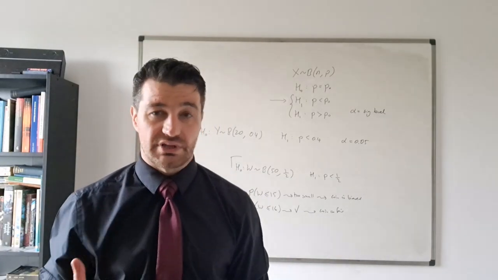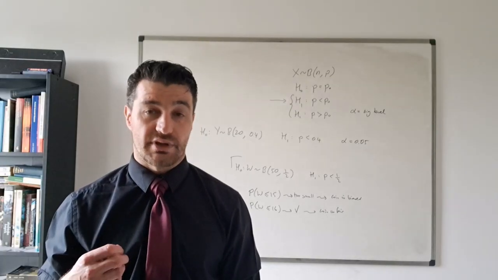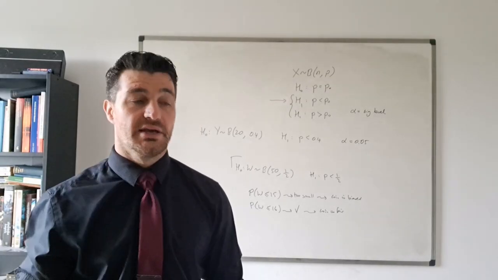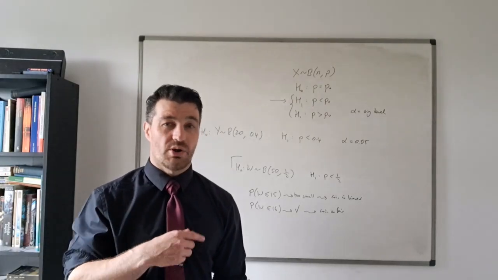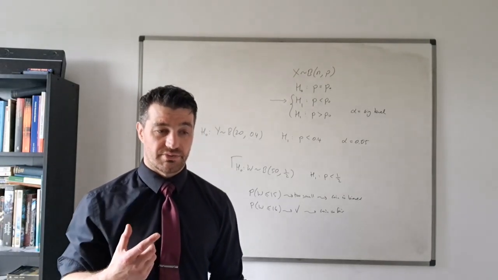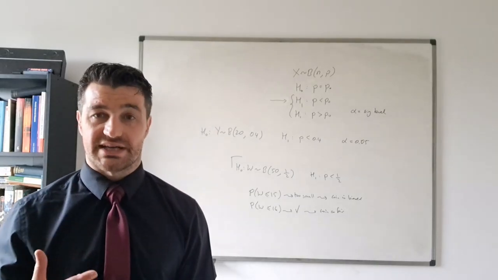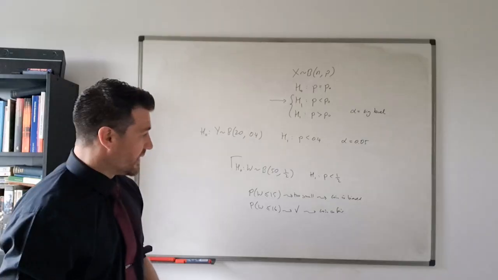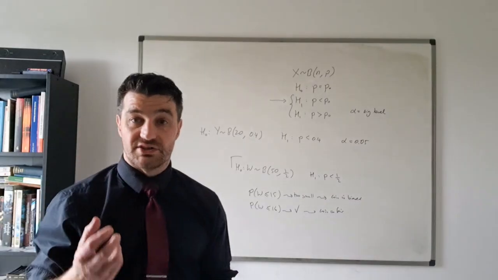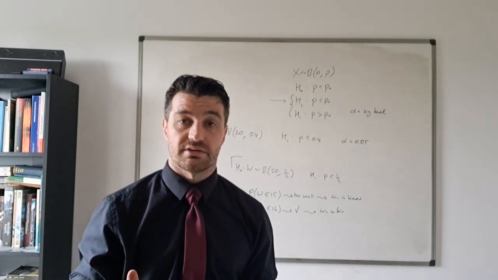It's very unlikely. If you do in practice flip a coin 50 times and get no heads, this happens so infrequently that you would be led to believe that the coin is actually biased. Okay? That it's a dodgy coin. But it might still be a fair coin. Okay? Potentially.